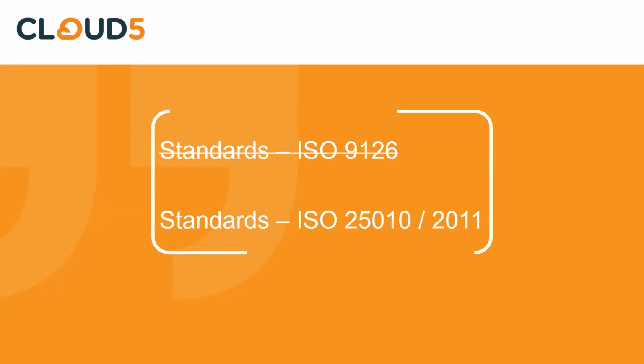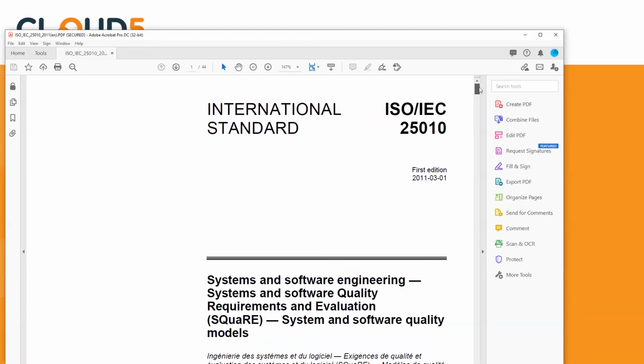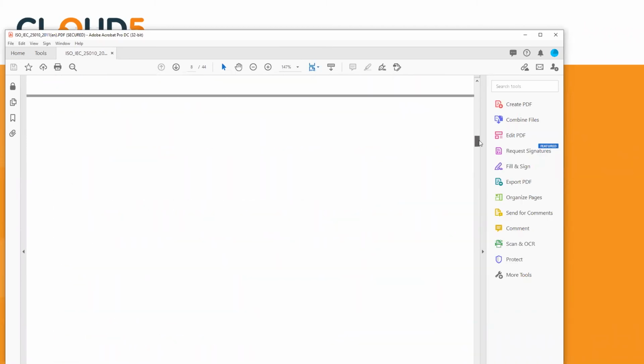And we got hit with this beautiful document, which is ISO 25010. This is the systems and software engineering quality requirement and evaluation. This is the new ISO that the big four players use to basically create some metrics around your software. Check this out.